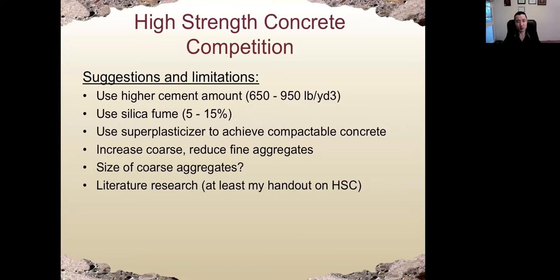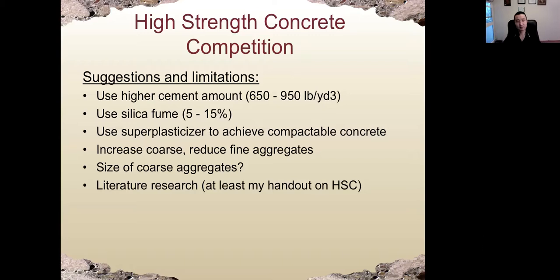Superplasticizer is also very useful to achieve the desirable workability. Usually you increase the amount of coarse aggregate and reduce the amount of sand compared to normal concrete, because the more sand you put in the concrete, the lower the workability will be.